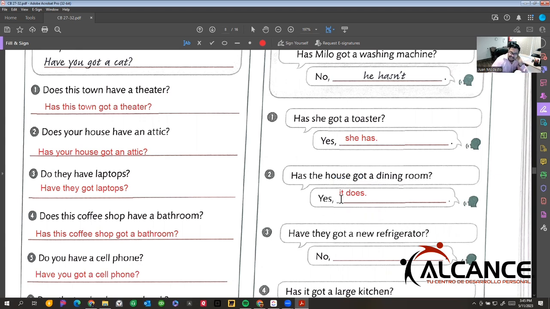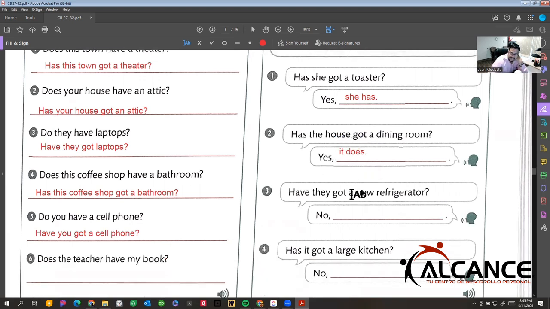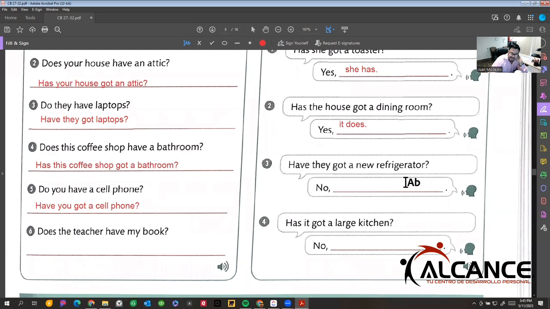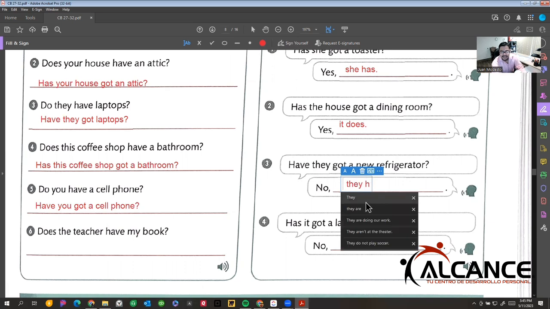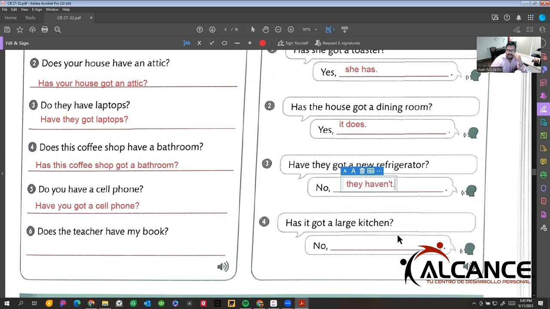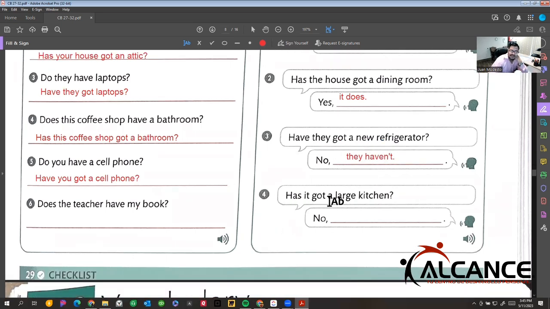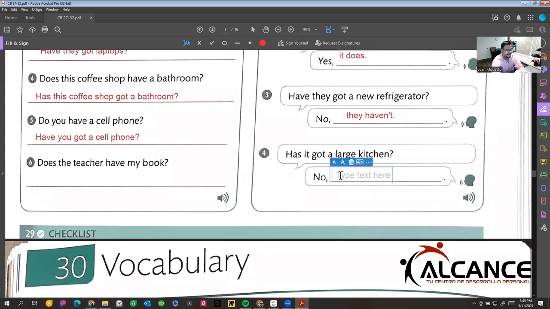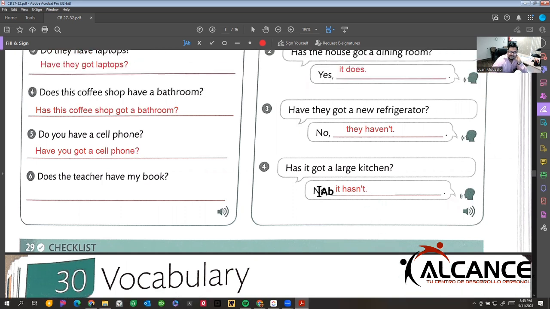And we say it because the house is an it, right? Have they got a new refrigerator? No, they haven't. Has it got a large kitchen? No, it hasn't. Got it? No, it hasn't. Has it? Hasn't. We just add the not.